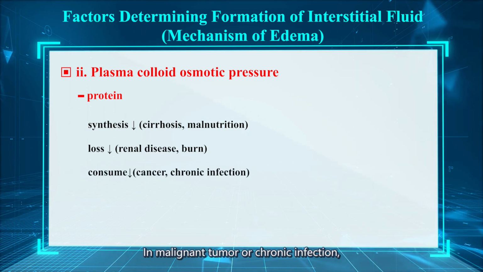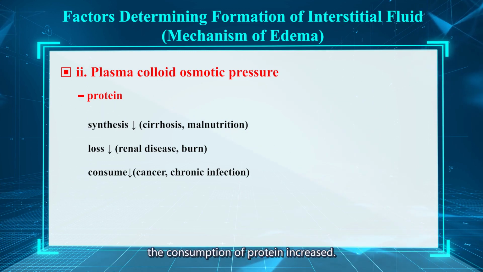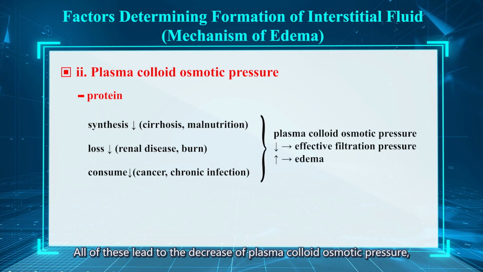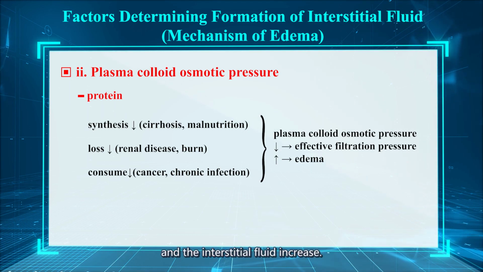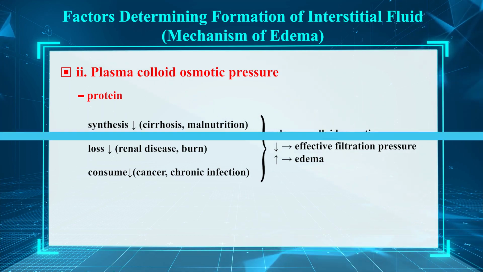In malignant tumor and chronic infection, the consumption of protein increased. All of these lead to the decrease of plasma colloid osmotic pressure, thereby the effective filtration pressure increased and the interstitial fluid increased.